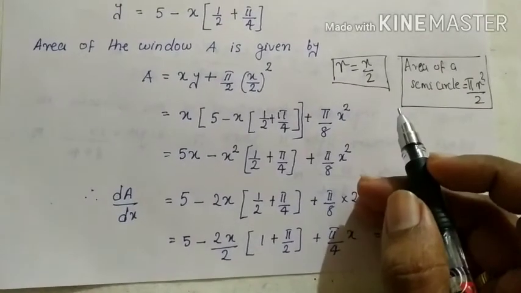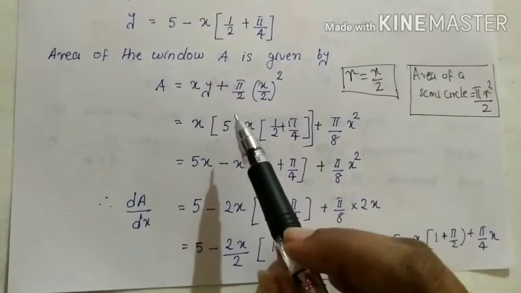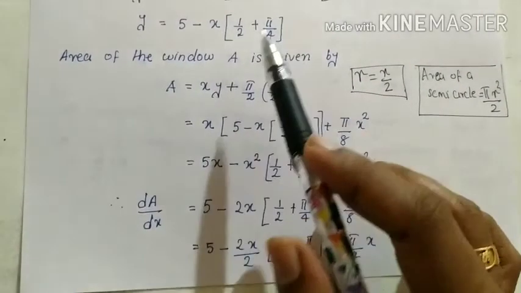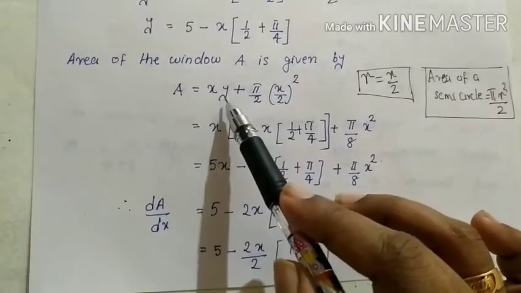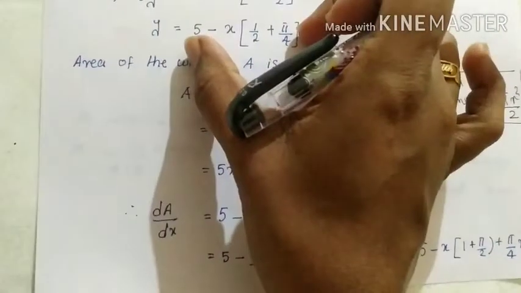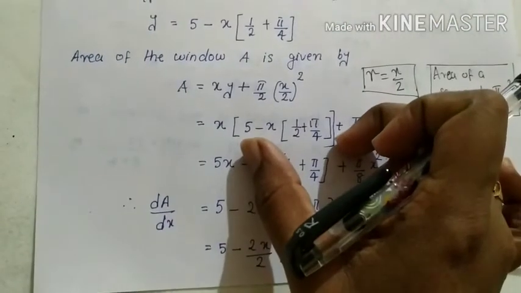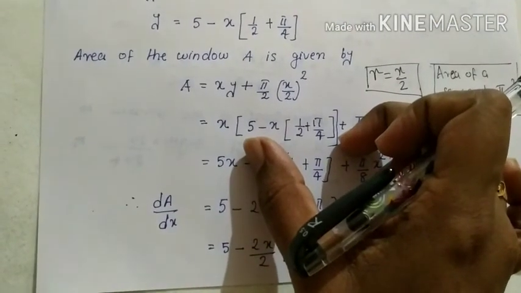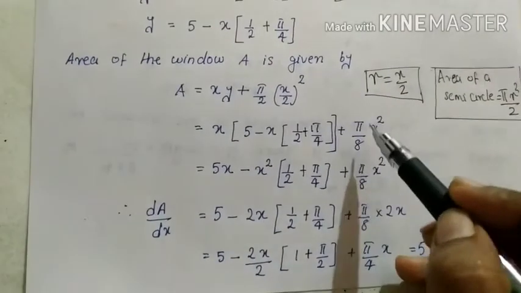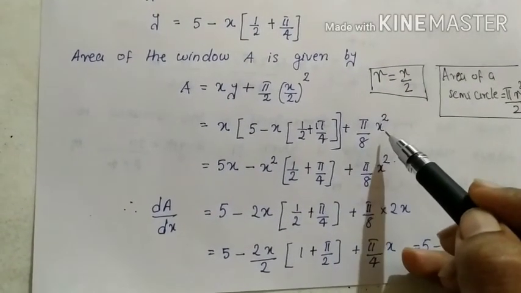Next, substituting the value of y here, we get x into 5 minus x into 1 by 2 plus pi by 4, plus the remaining term, which stays the same, pi by 8 into x square.